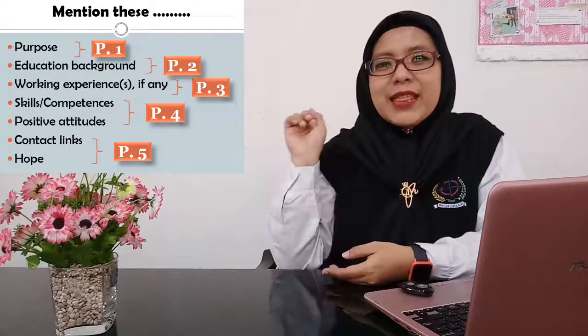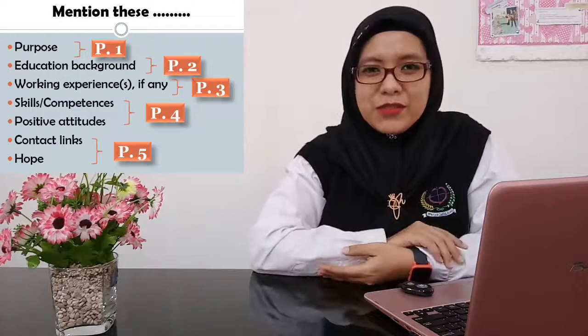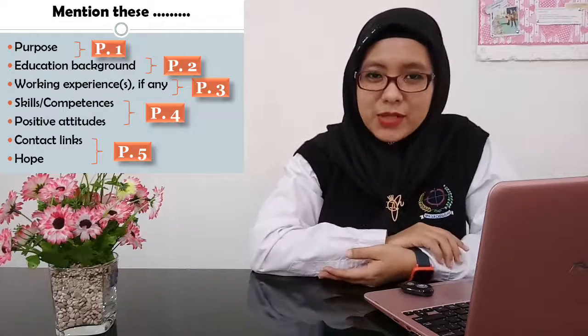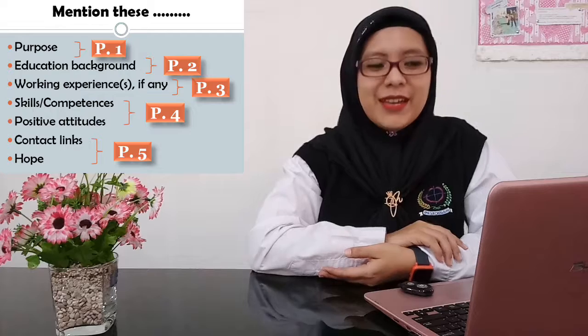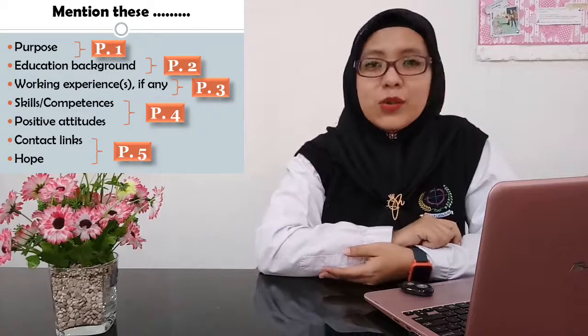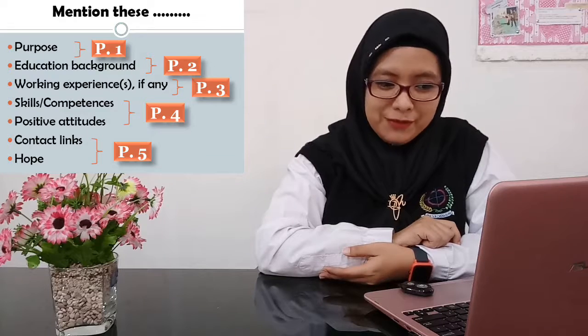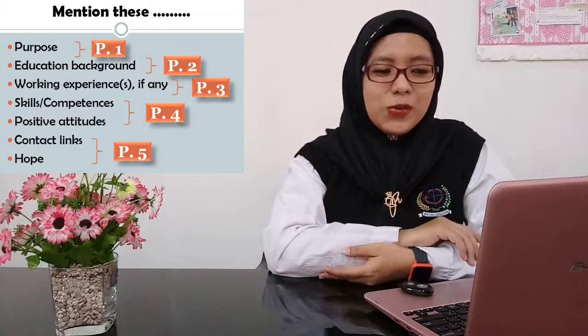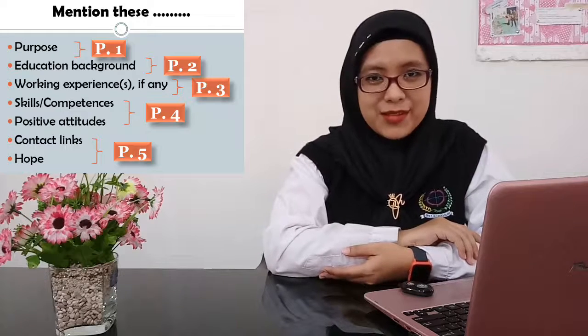Okay, what about if you want to make 5 paragraphs? Okay, look here. This is one paragraph management that you can adopt. Alright, in paragraph 1 you only mention the purpose, and in paragraph 2, you mention only your educational background, and then in paragraph 3, you only mention your working experience.